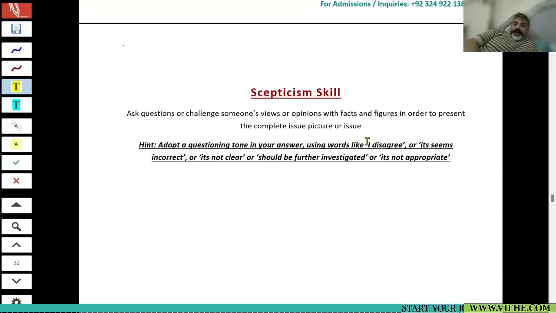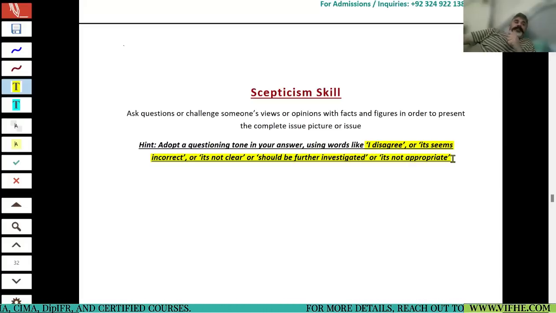The second technique is you can use words like I disagree, or it's incorrect, or it's not clear, or it's unknown. So you can disagree with something. When you disagree, that is also showing skepticism, that no, I don't think it's correct. I think I disagree with you because of this reason. Whenever you challenge someone, disagree with someone, question someone, all these are skepticism.